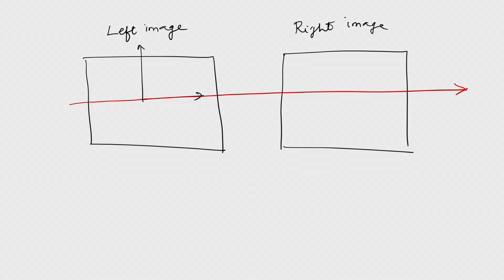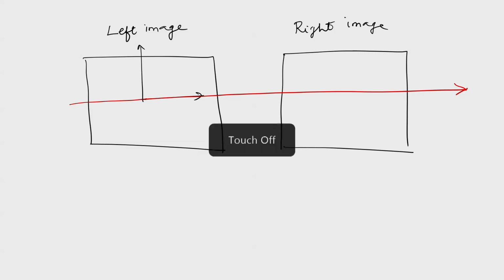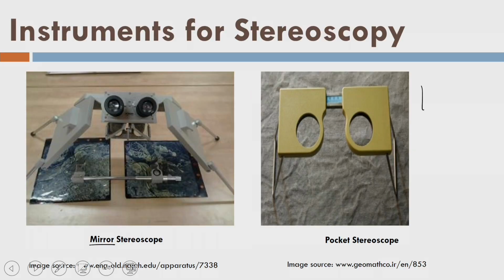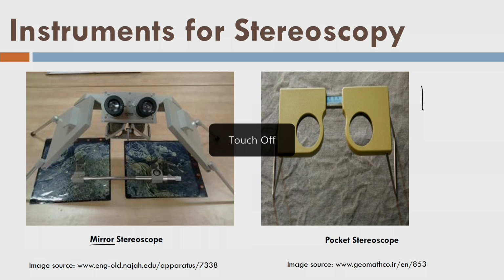Once you align the flight lines of the two photographs and keep them like this, then you can do this operation using the stereoscope. So we put these two photographs such that their flight lines are aligned, correct? And then once you align it, you can see the 3D view using the mirror stereoscope.